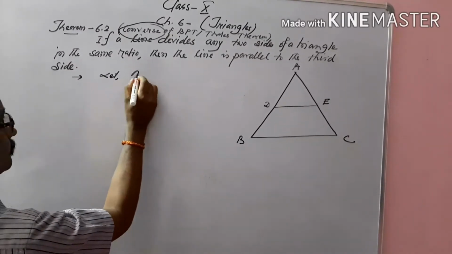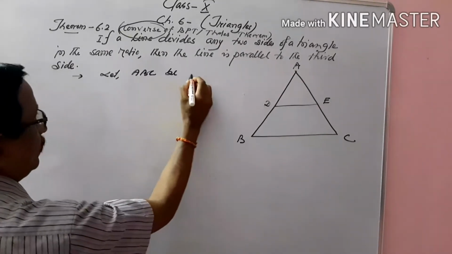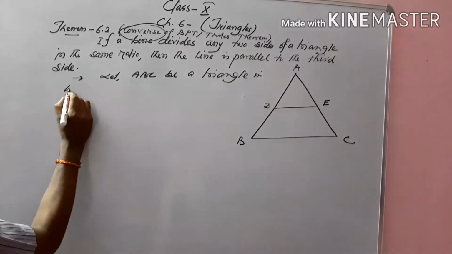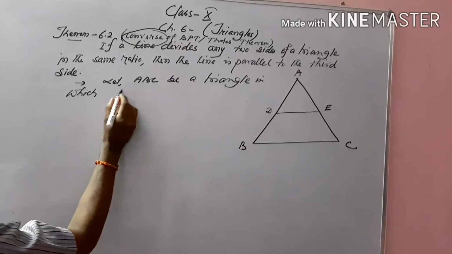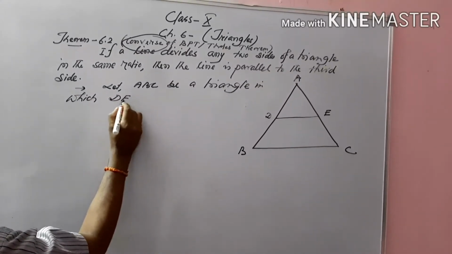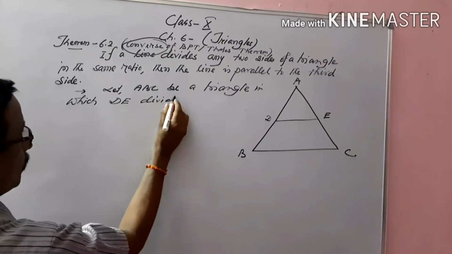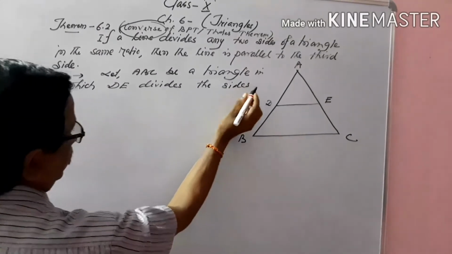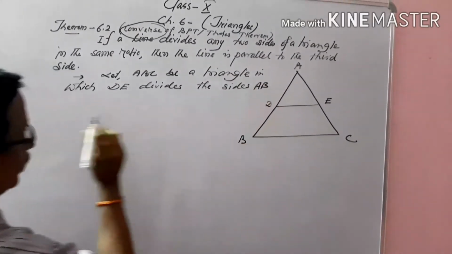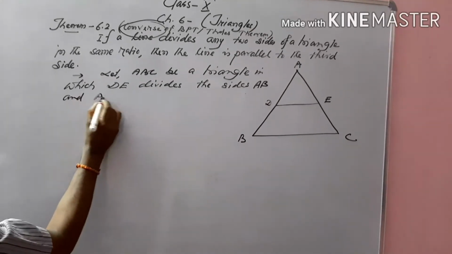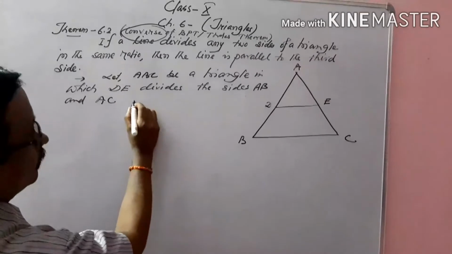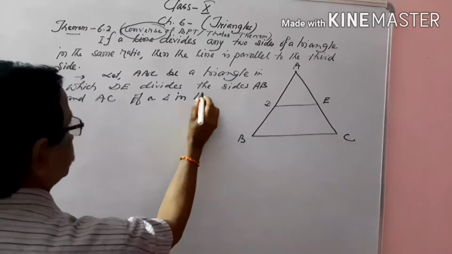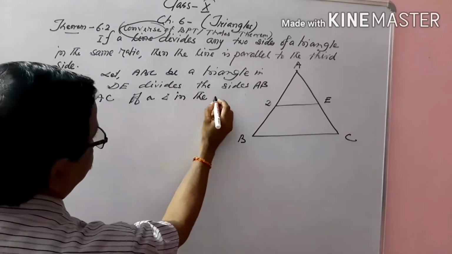Let ABC be a triangle in which DE divides the sides AB and AC of the triangle in the same ratio.